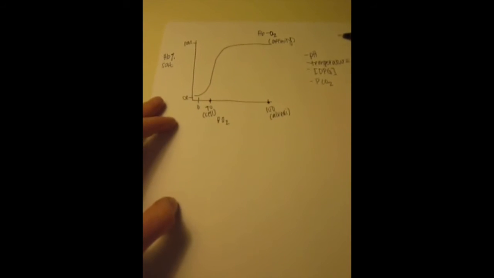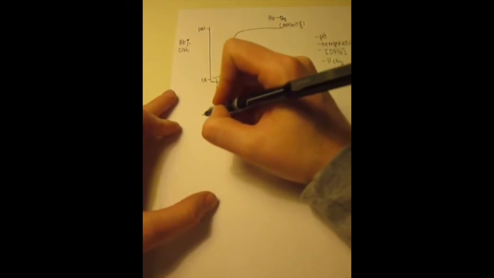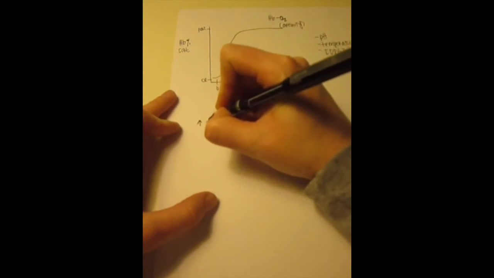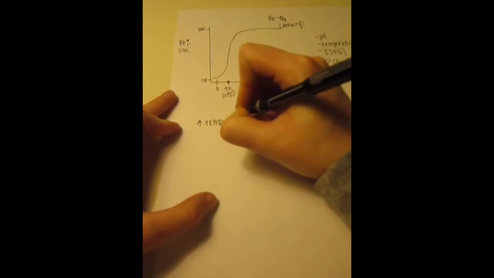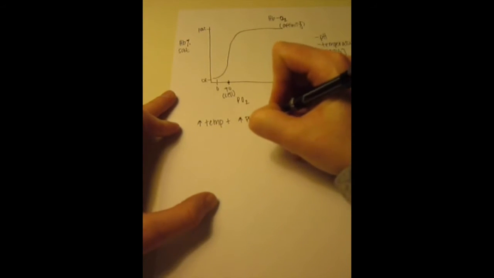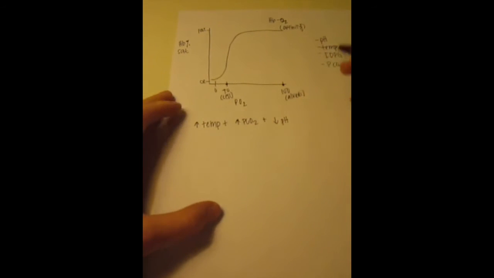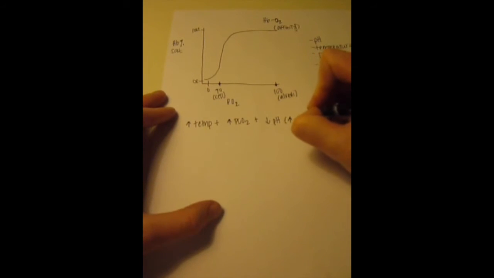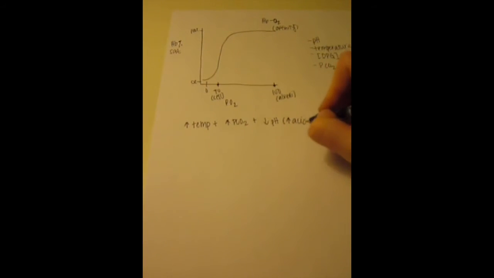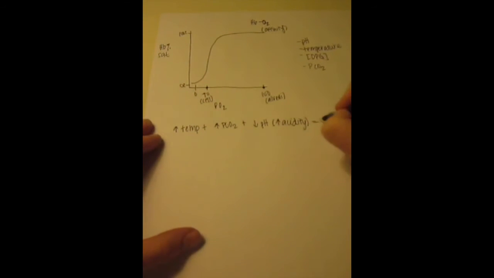Basically, in general, when you have increased temperature, increased partial pressure of CO2, and decreased pH, which can also mean increased acidity, this is going to shift your curve to the right.